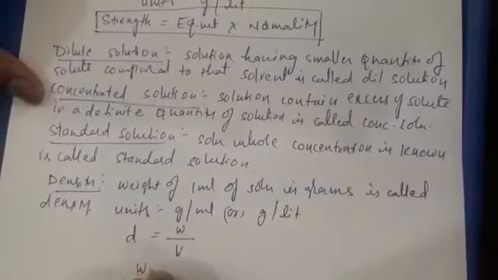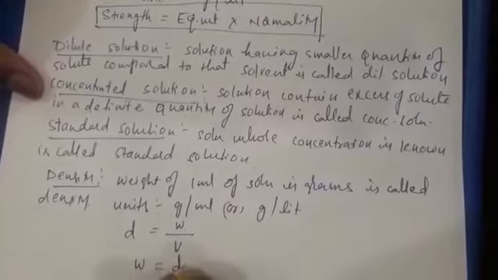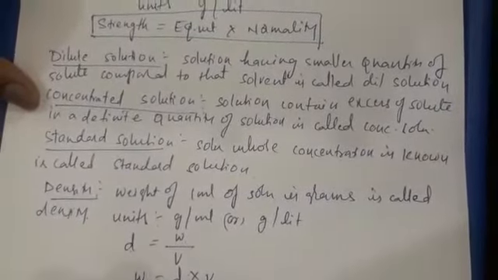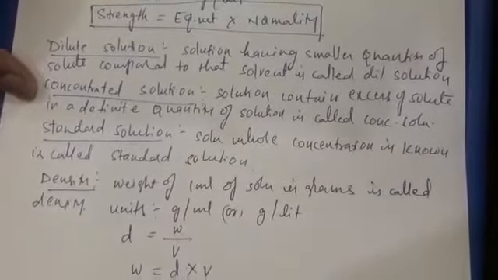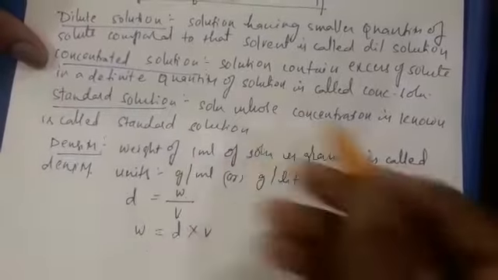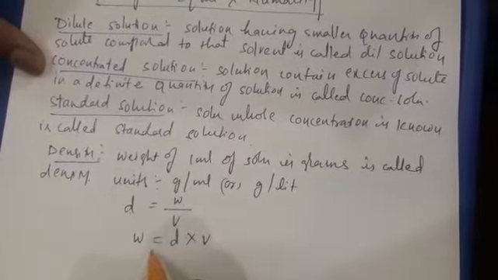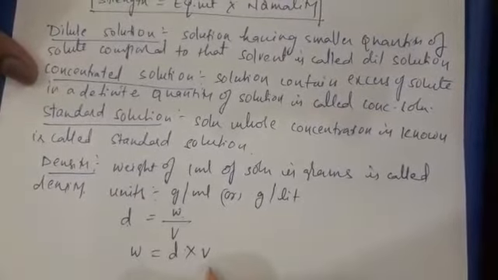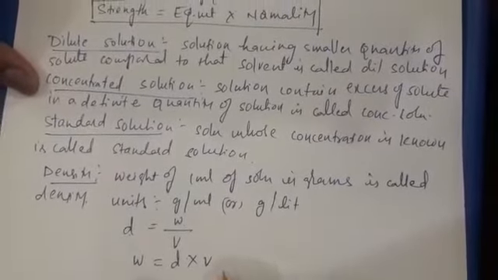Weight is equal to density into volume. Weight is nothing but quantity, so we can calculate the quantity of the solution by using density and also volume.